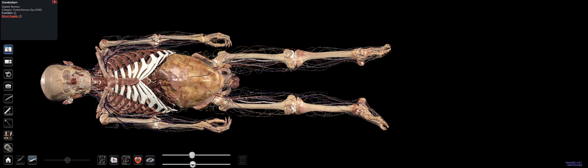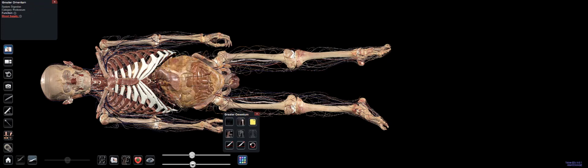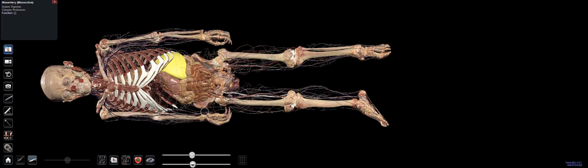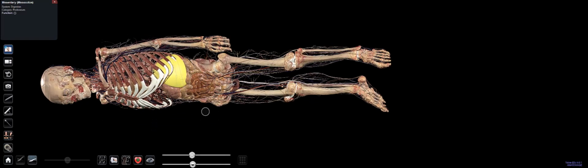And again, if we take away his greater omentum and take away the mesentery, make sure we got his spleen back here. We want the lymphatic organs. His spleen again, colored in yellow. You can see how enlarged it is because of his leukemia.